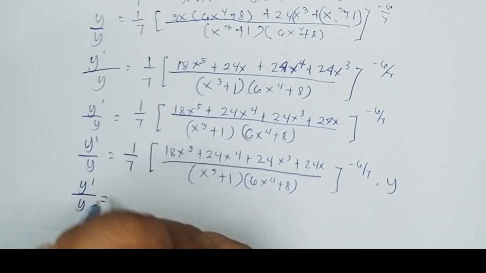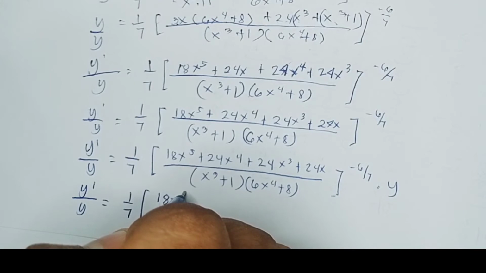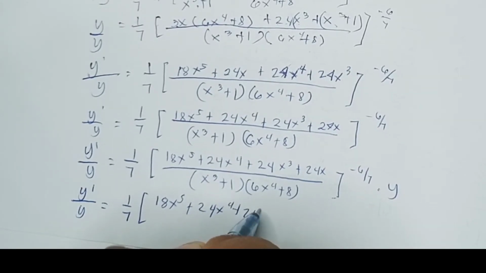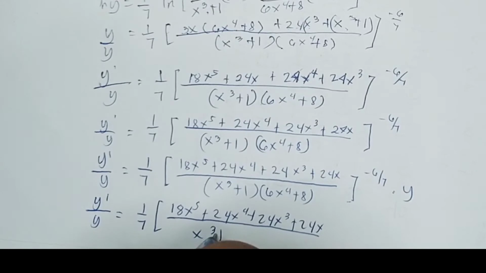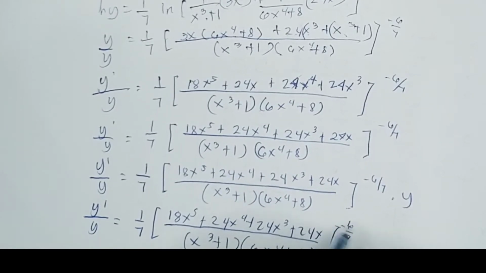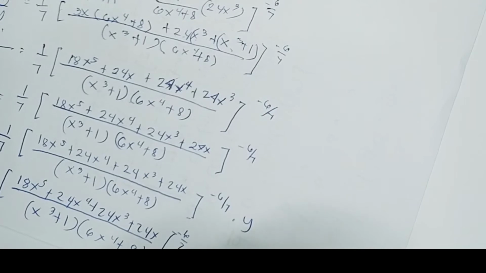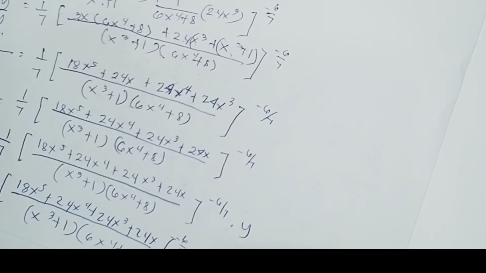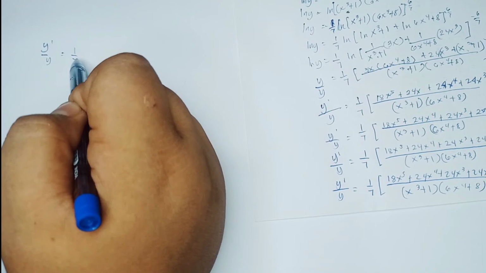Y prime over y is equal to 1 over 7 times 18x to the 5th plus 24x to the 4th plus 24x to the 3rd plus 24x, all over x cubed plus 1 times 6x to the 4 plus 8, multiplied to x cubed plus 1, 6x to the 4 plus 8, and 1 over 7.